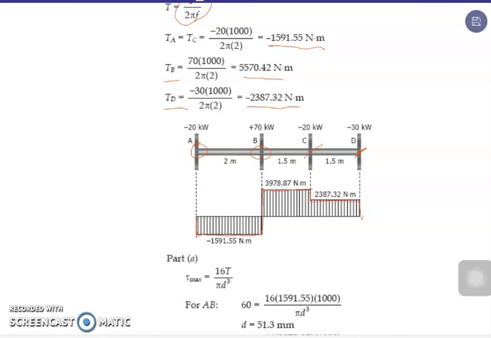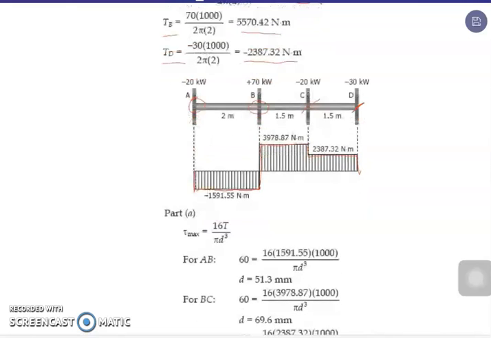So we have now the values for our free body diagram. So for letter A, the problem is to get the value for the unknown diameter. To get the diameter, we simply make use of the equation for the maximum torsional shearing stress, which is 16T over pi d cubed.